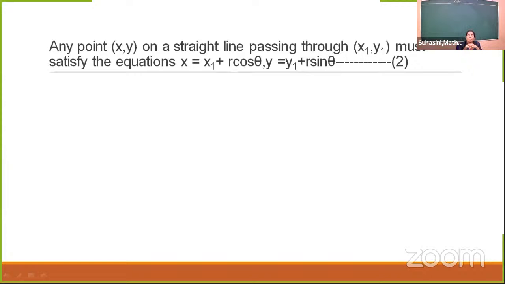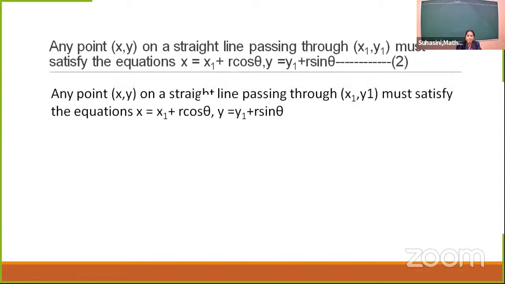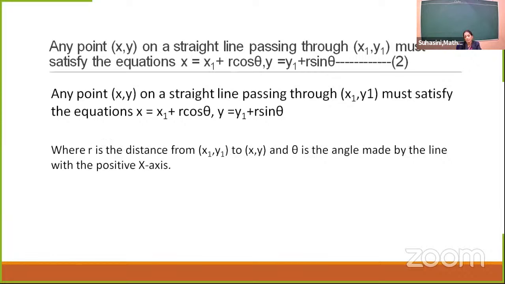What are parametric equations? x = x1 plus r cos theta, y = y1 plus r sin theta. For varying values of r, we get different points on the line. For some value of r, we get A. For some other value of r, we get the point B on the straight line passing through P. So any point (x, y) on the straight line through (x1, y1) must satisfy the equations x = x1 plus r cos theta and y = y1 plus r sin theta, where r is the distance from (x1, y1) to (x, y).